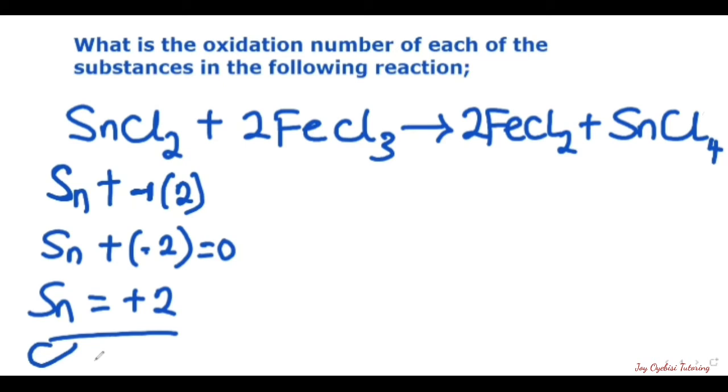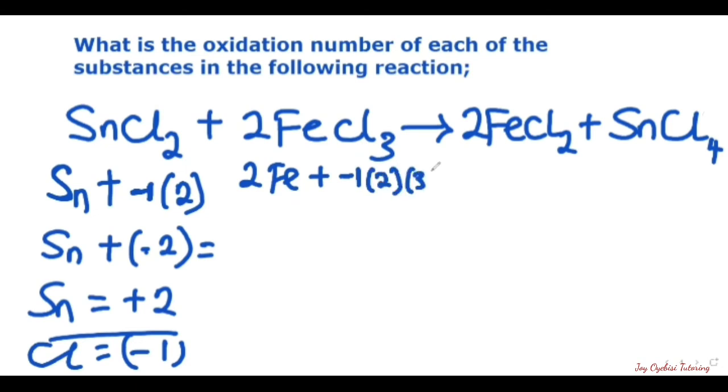Okay. Then for this, you have these two affects both the Fe and the Cl. So we know that we do not know this, but we know that chlorine is -1. So -1 multiplied by 2 multiplied by 3. That's what you will have. So we have 2Fe plus this will be -2 times 3, which will be -6.